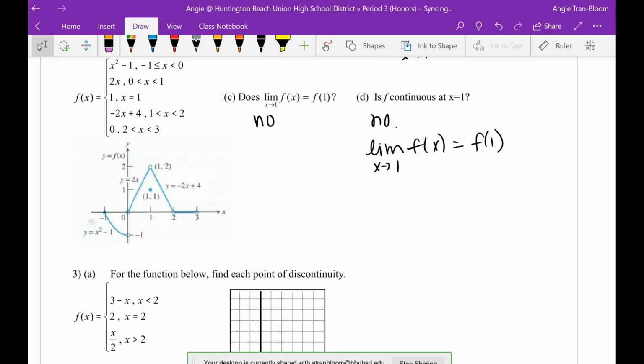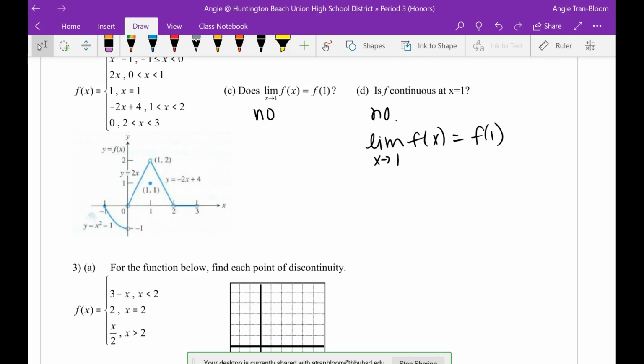Can you guys see that here? Is it continuous here? No, there's a hole, right? A hole means it's not continuous, even though it has an algebraic value, but that is not the same height. Can you guys agree with that? So that's why it's not continuous. For it to be continuous, the limit at that particular value has to be the same as its algebraic value. Okay?